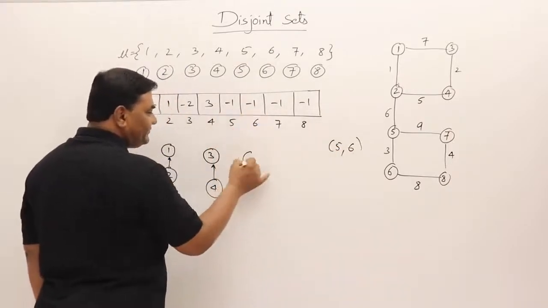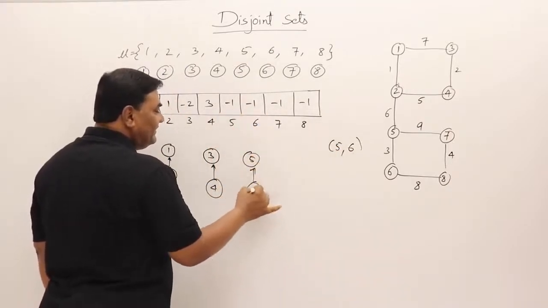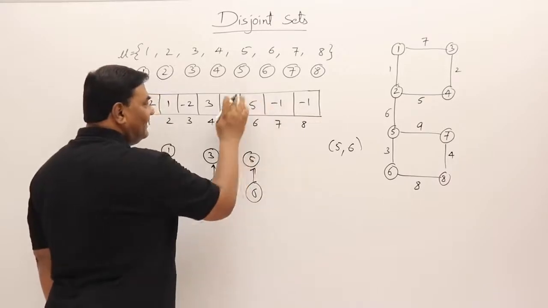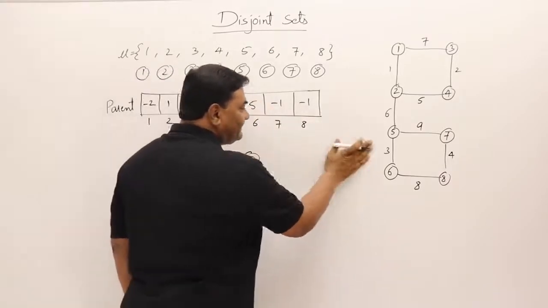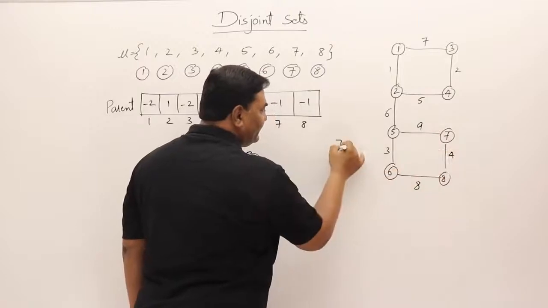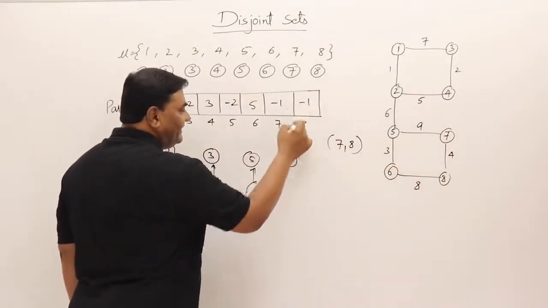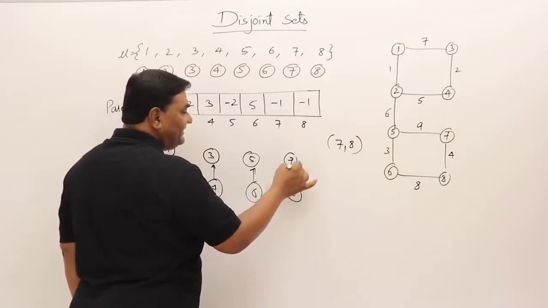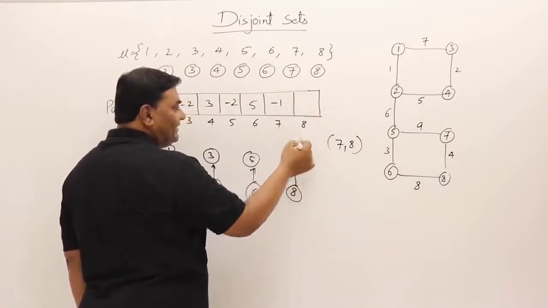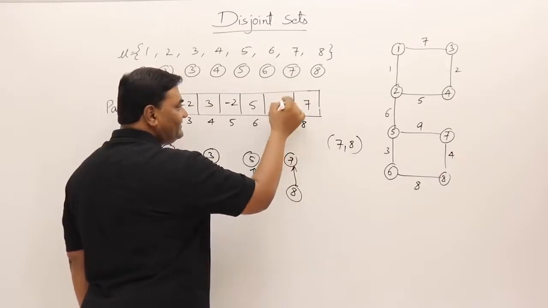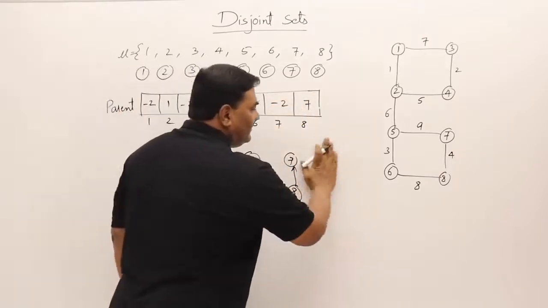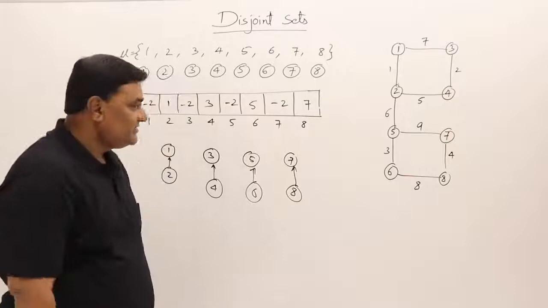Find 6, -1. So 5 here and 6 here. So this is 5 and this is -2. Now the next edge is 7, 8. Find 7, itself is a parent. Find 8, itself is a parent. Now make 8 a child of 7, or 7 a parent. So this is 7 and this is -2. Till here we have finished.